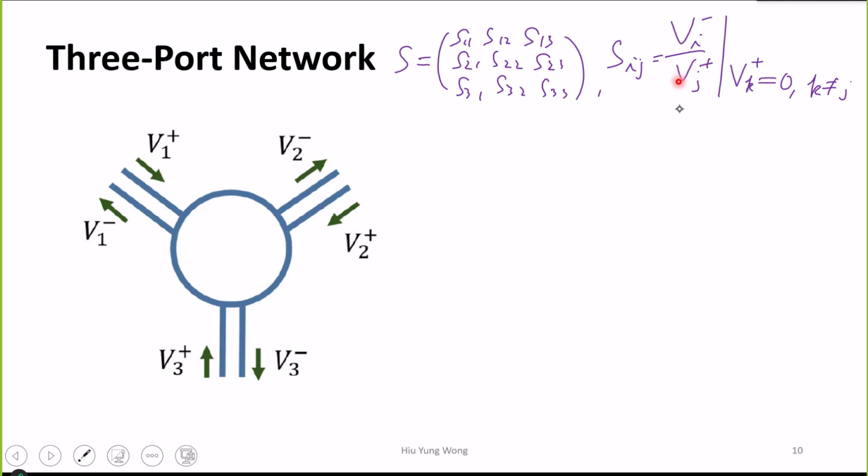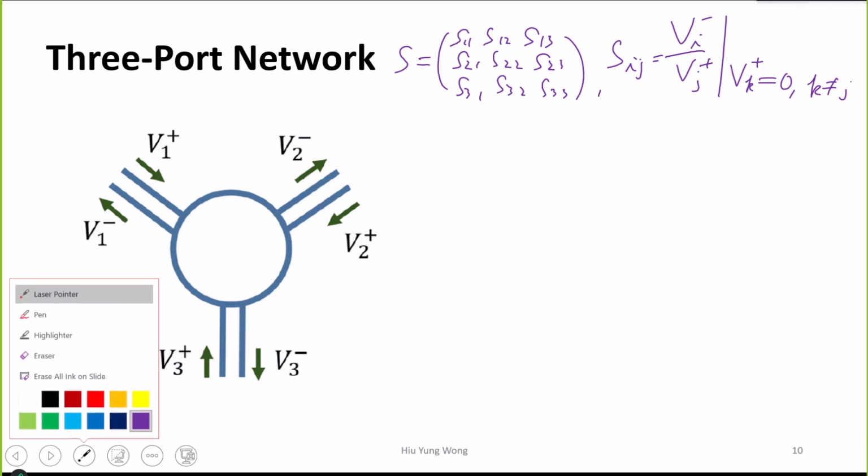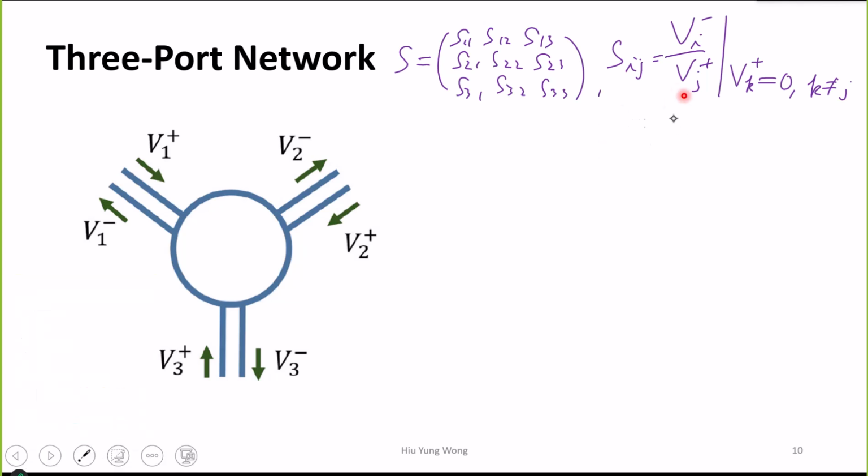Okay, that's the scattering matrix, right? And of course, at the same time, the other ports need to be at 0. I want to see how much comes out at i when I inject something in j. Then of course I make sure other ports have no injection, right?